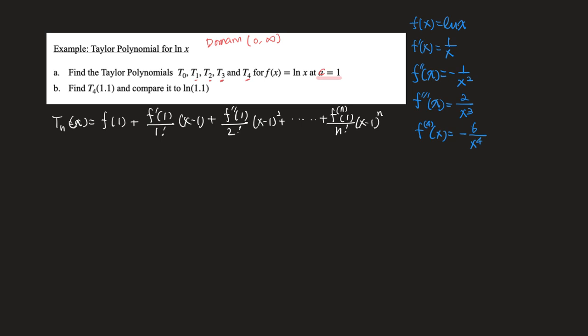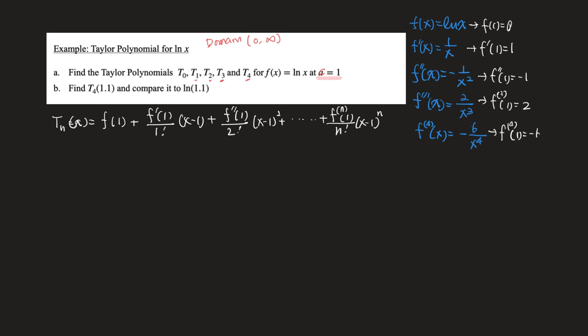Now find each of them at 1. f of 1 is ln 1, which is 0. f prime of 1 is 1 over 1, which is 1. The second derivative at 1 is negative 1. The third derivative at 1 is 2. The fourth derivative at 1 is negative 6. You find them right here.